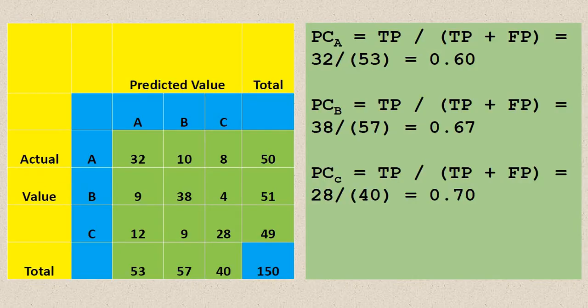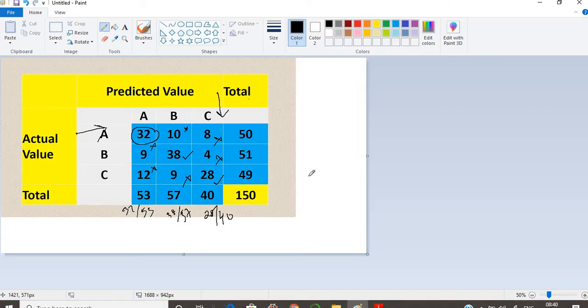Now moving ahead, if you want to use the typical formula, it will be true positive plus false positive. With the approach that I have been following, you draw a horizontal line, and then you draw a vertical line.